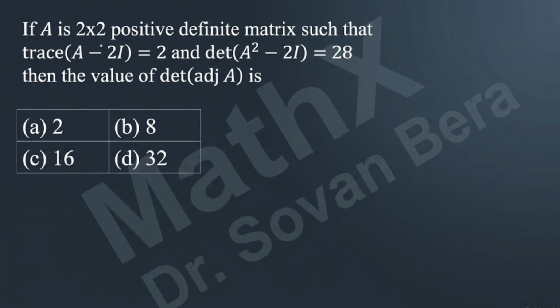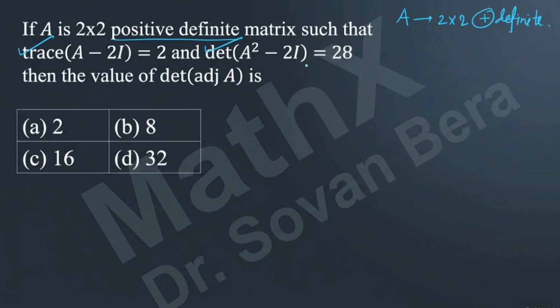If A is a 2 by 2 positive definite matrix such that trace of A minus 2I equals 2 and determinant of A square minus 2I equals 28, then what is the value of determinant of adjoint of A?